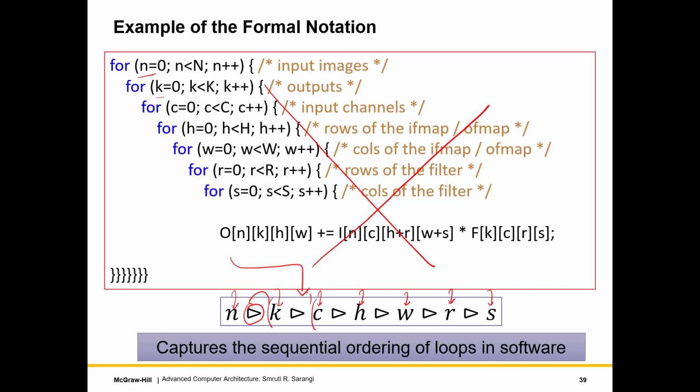Similarly, all of these loops are nested inside this loop, and so on. So this captures the sequential ordering of loops in single threaded software, right? That's the way we can interpret this, but this is a much more compact notation, which is far easier to analyze.